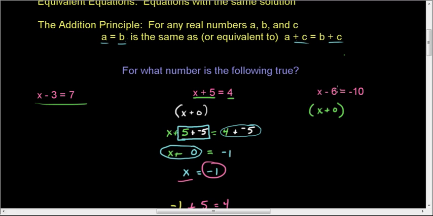So the question is, what do I have to add to negative 6 to make that happen? I have x minus 6 equals negative 10. Okay, and I'm going to do this in white again, I have plus 6, because a negative 6 plus 6 will give me 0. I chose that on purpose.